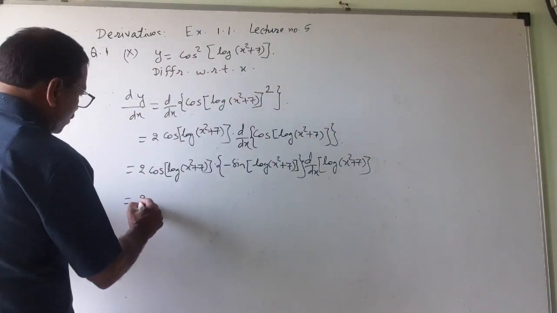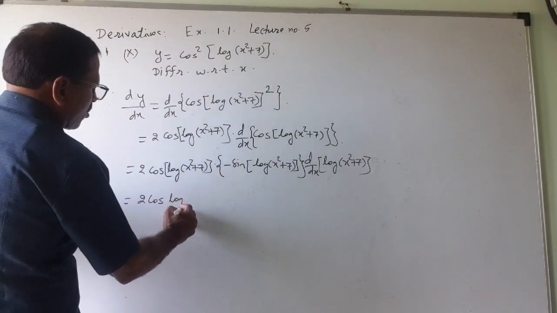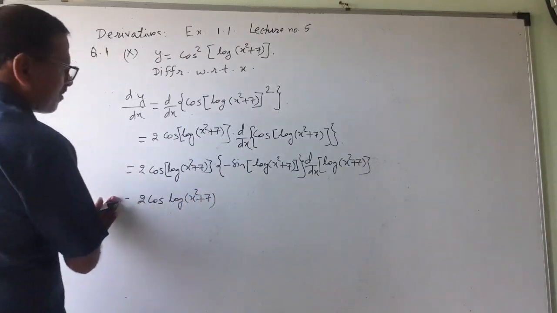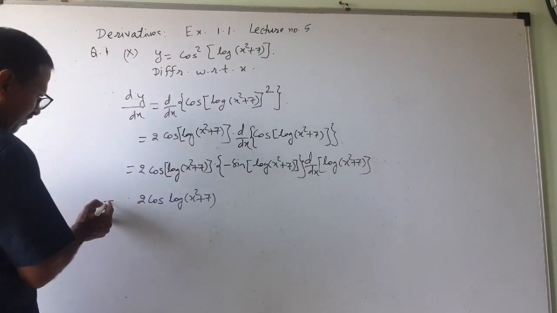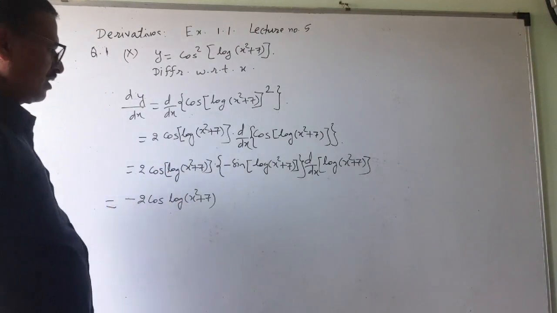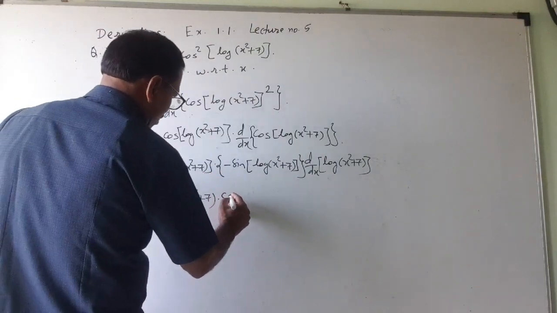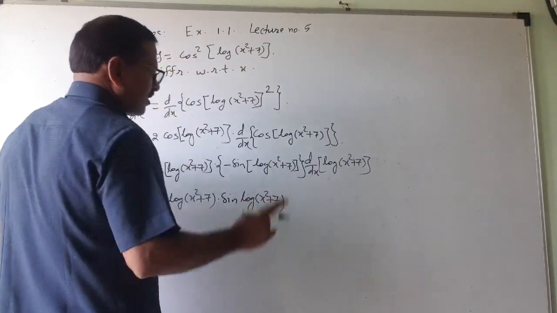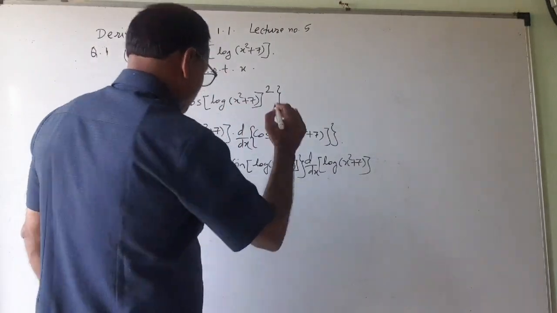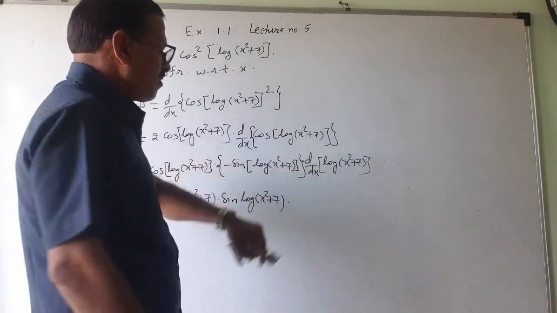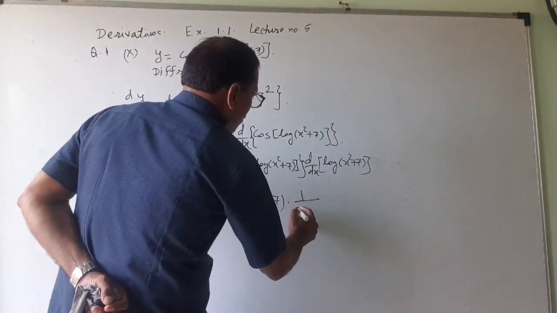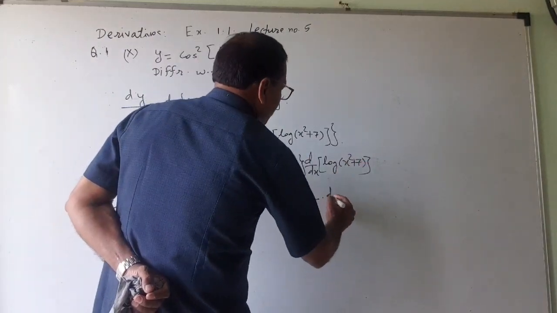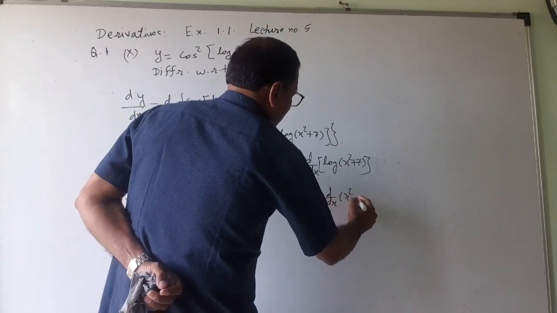That is equal to 2 cos of log of x square plus 7, this minus I will write here, minus 2 cos of, into here it is sine of log of x square plus 7, into the derivative of log is 1 upon x square plus 7 into now d by dx of x square plus 7.